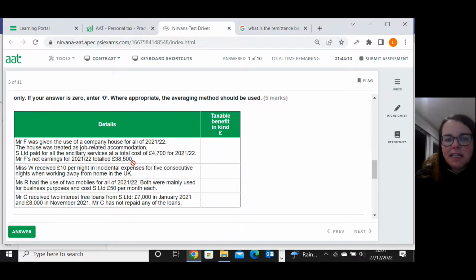So Mr. F is getting 38,500. So 10% of that will be 3,850, which is of course lower. So that will be the taxable amount.